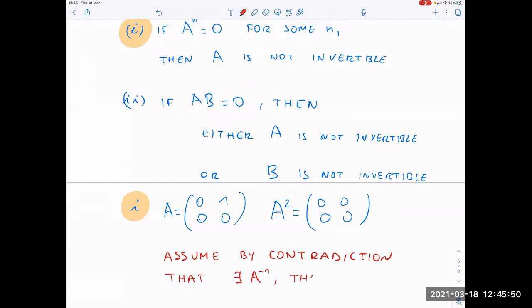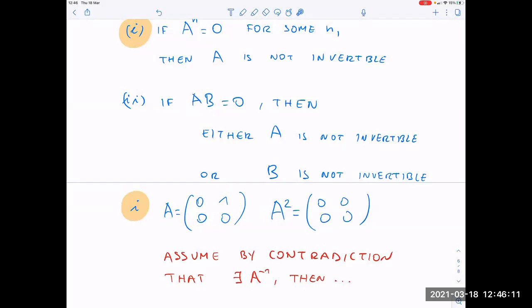Then what can you do? For example, even in this case here, we know this is not invertible because the determinant is 0, but suppose it is invertible. Then what can you do with A squared?